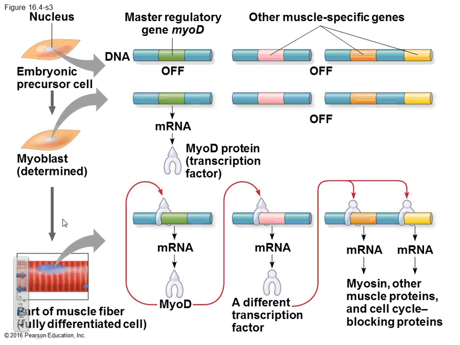So now that this thing is becoming a muscle cell, this MyoD protein getting made, making more, is going to turn on another gene, and that might turn on other genes that make things for the muscle, myosin, proteins, etc.